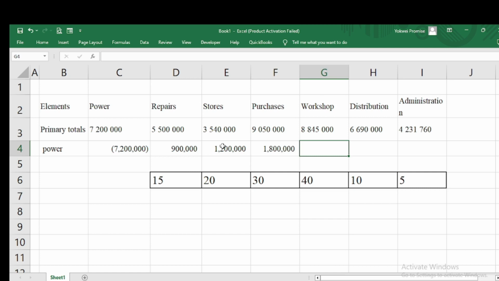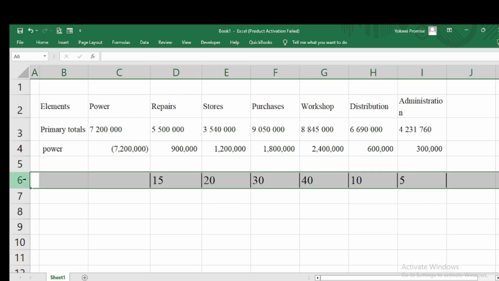Next, 1,000,000. 2,400,000. 600,000. Right, so this is the sharing of the power.